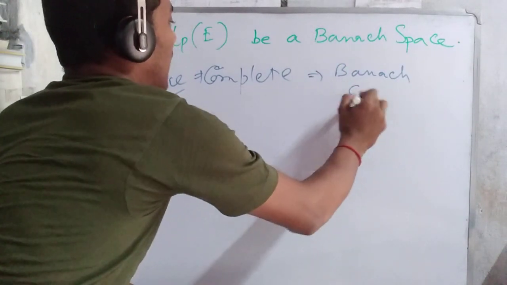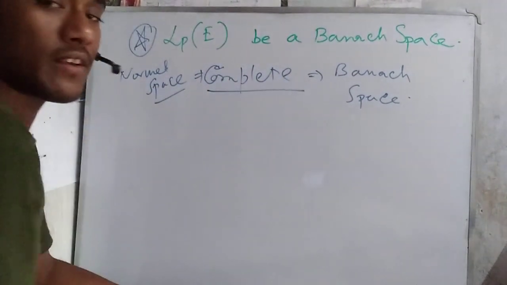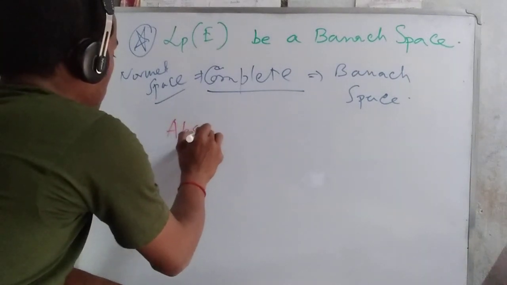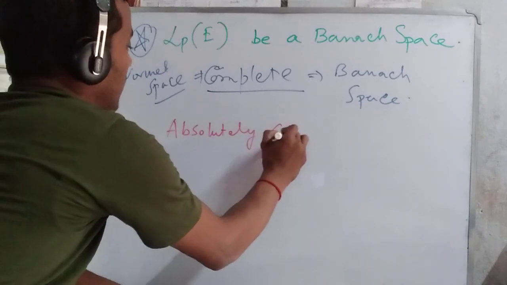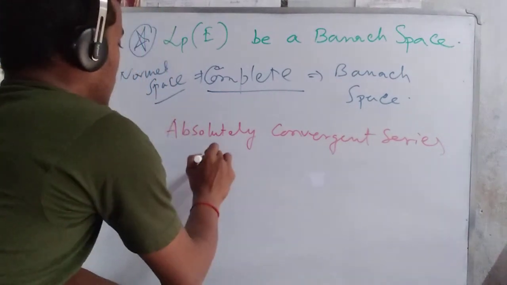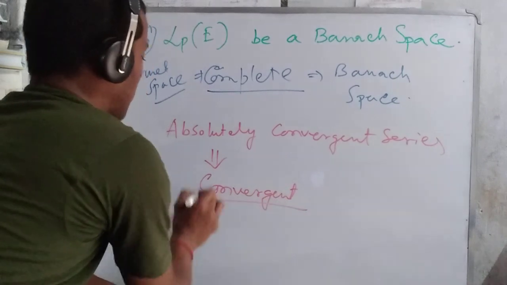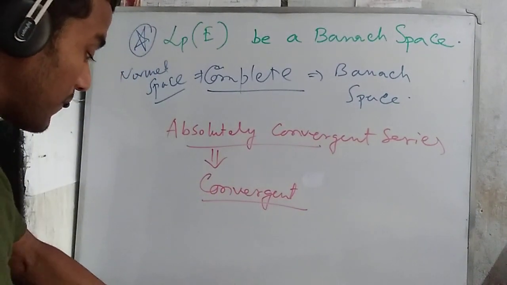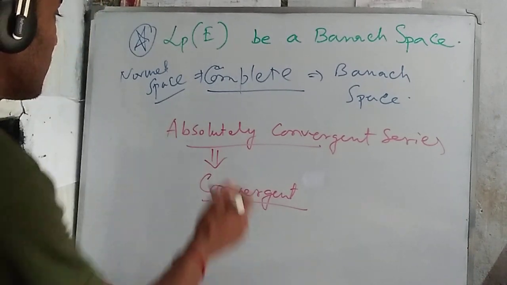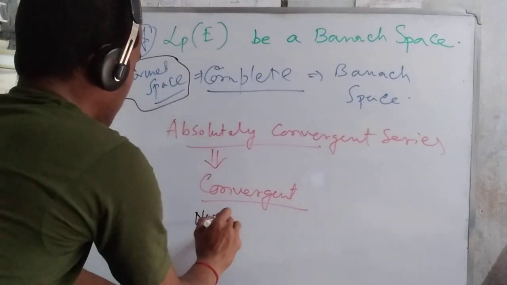And we also discussed in the previous class that if any absolutely convergent series is convergent, not always, but if convergent, then obviously this normed space is complete.